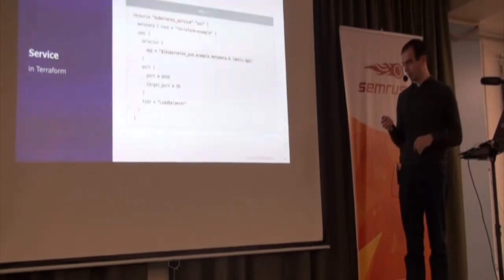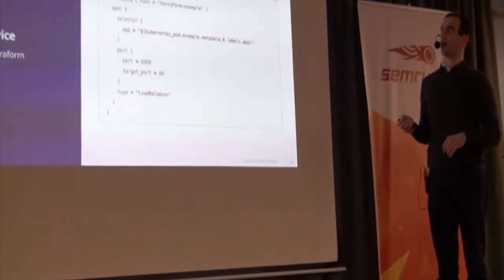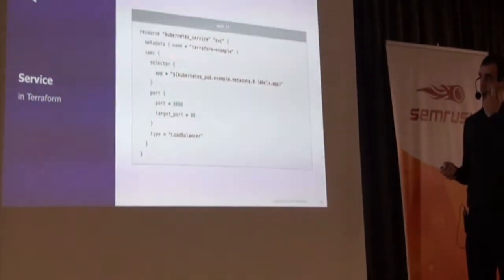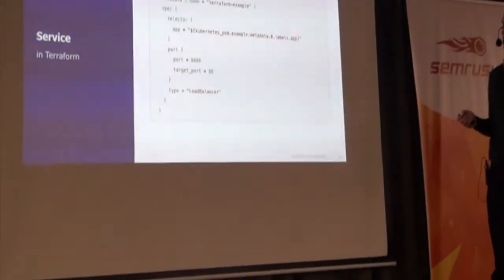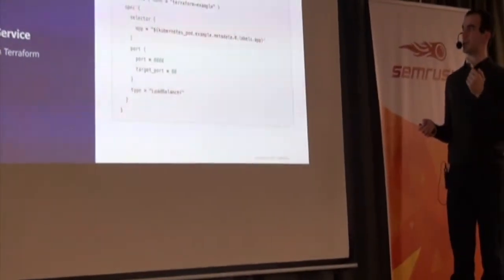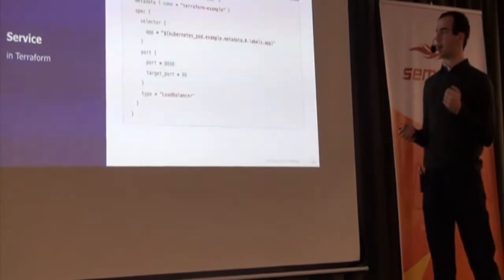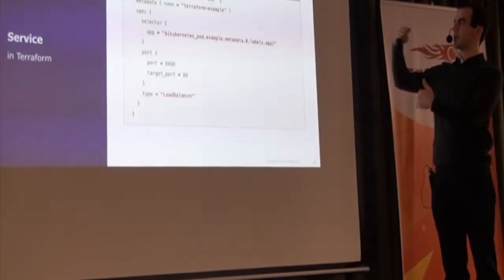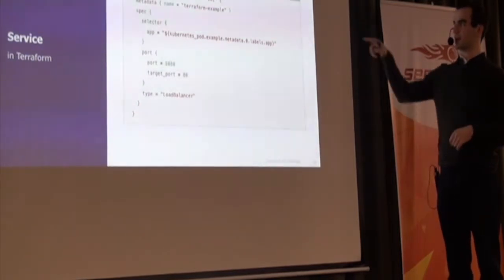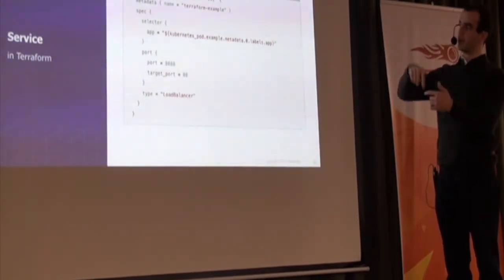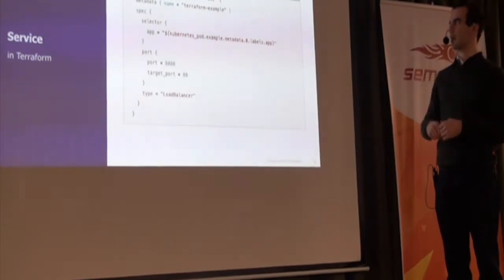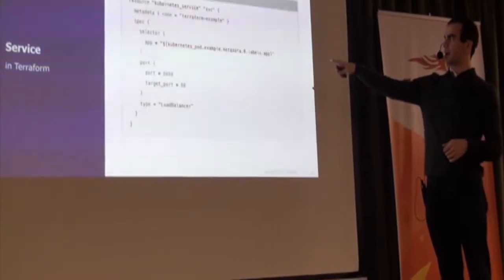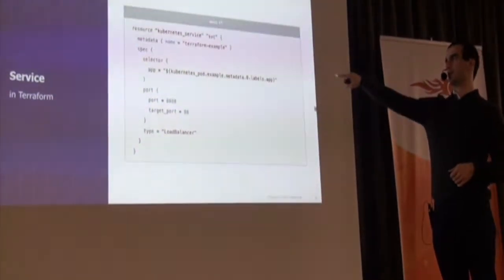So here is an example of a config for a Kubernetes service. Again, fairly simple. What's different here, or what's new perhaps for you to see, is this reference syntax here. What that means is that basically it draws a dependency between the Kubernetes pod and the service, and it says create the pod first, and once you have the pod in place, once it's been created, then give me the app label and use it here.